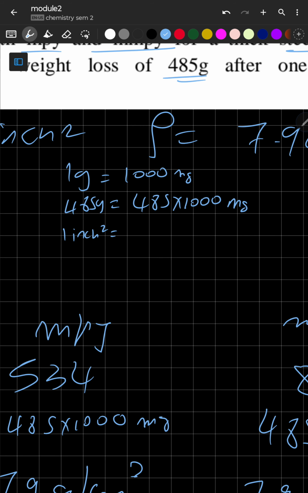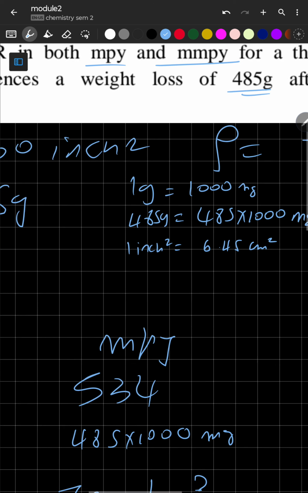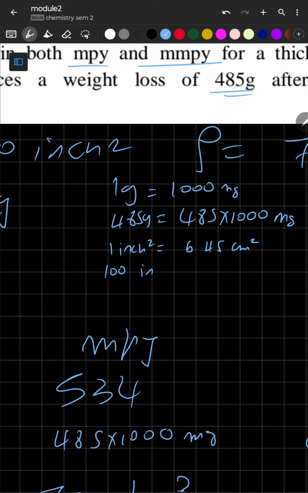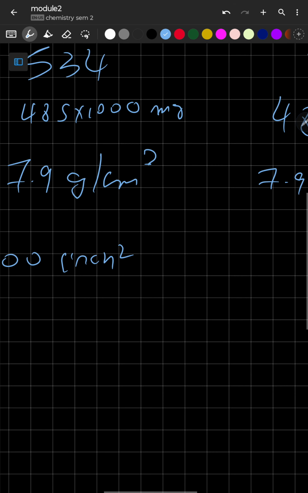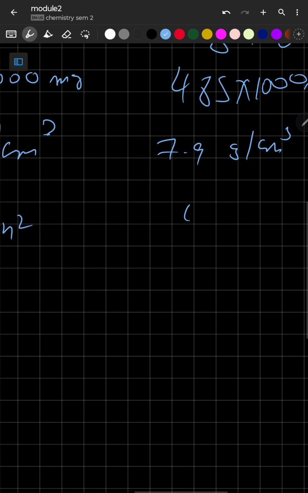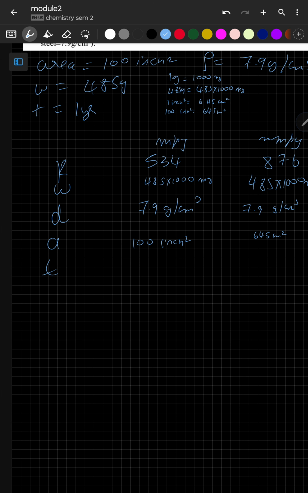1 inch square is equal to 6.45 centimeter square. So here they have given us 100 inch square, which means 645 centimeter square. So we'll write here 645 centimeter square, and time is given in years. Now don't do a per month calculation.